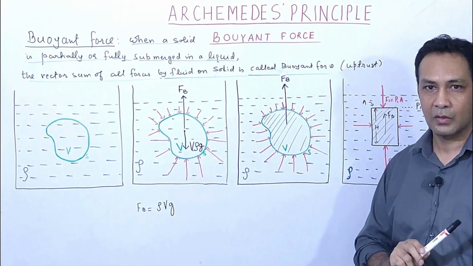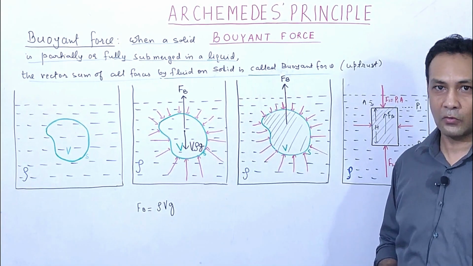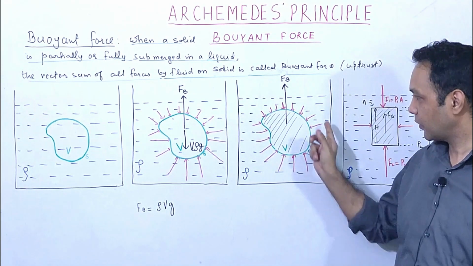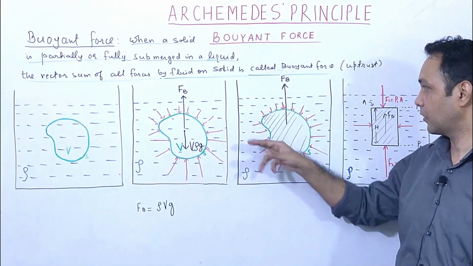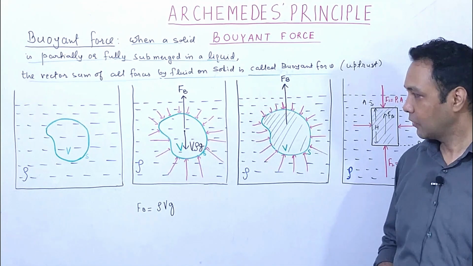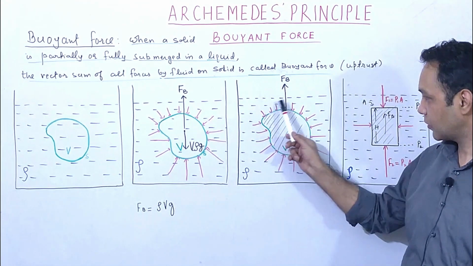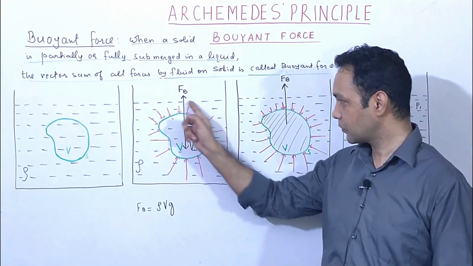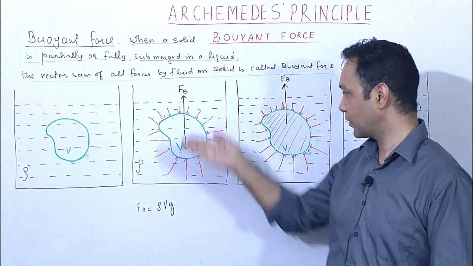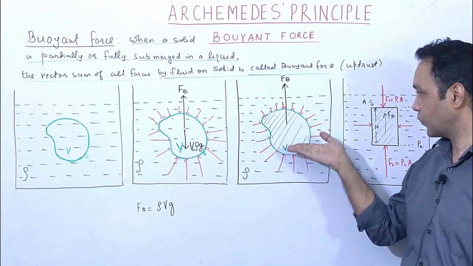I am interested in the force exerted by this liquid on the solid by virtue of pressure. Again I have shown the force in red color, and the vector sum of this force was Fb.